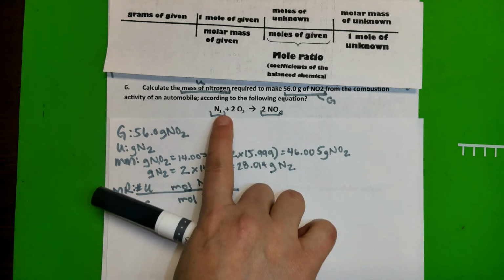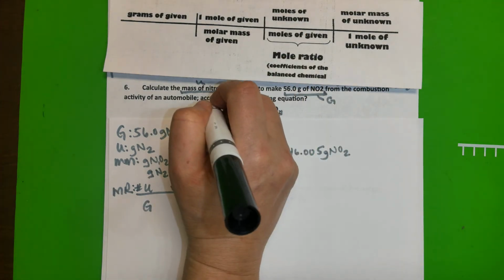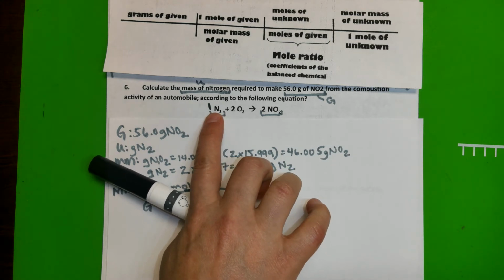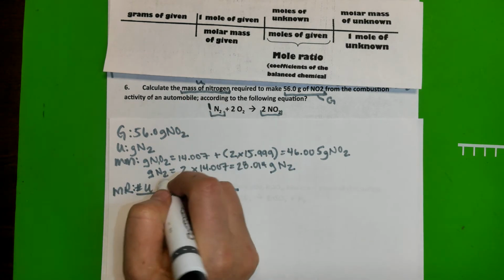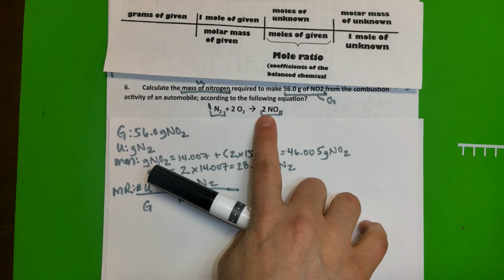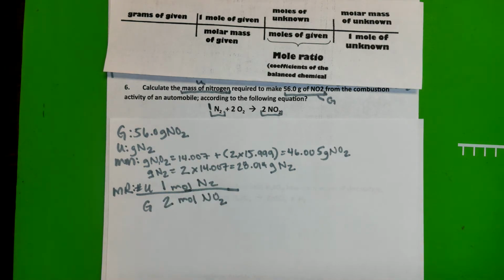For N2, you see how there's no number in the front, the big number? That means there's a 1. So it'd be 1. And then the given is NO2, so that's 2. You see the big number? It's a 2. And then we're ready for our setups.